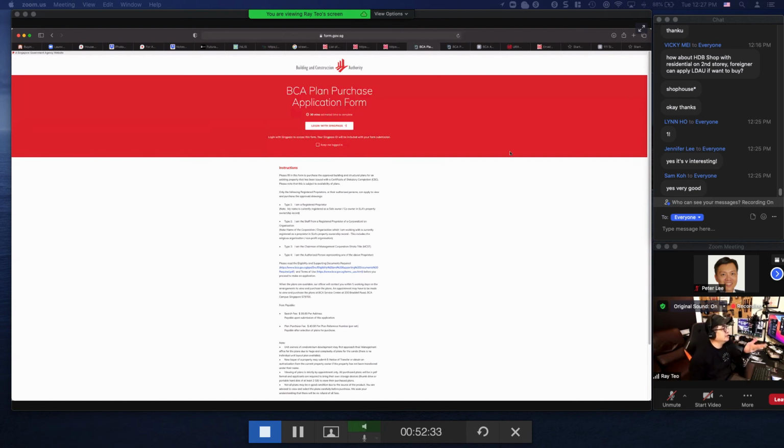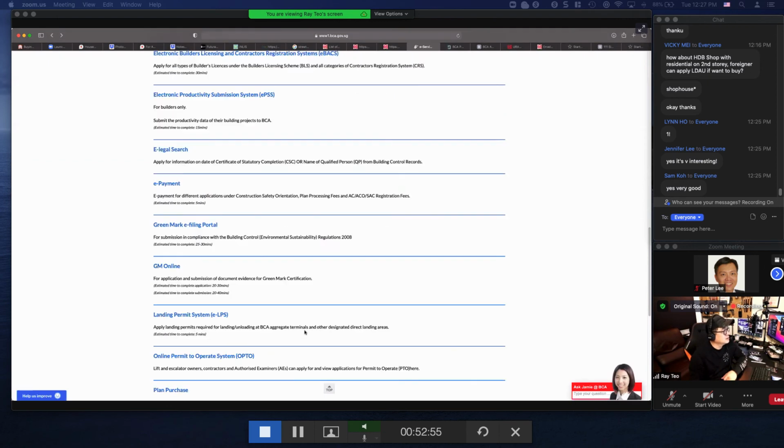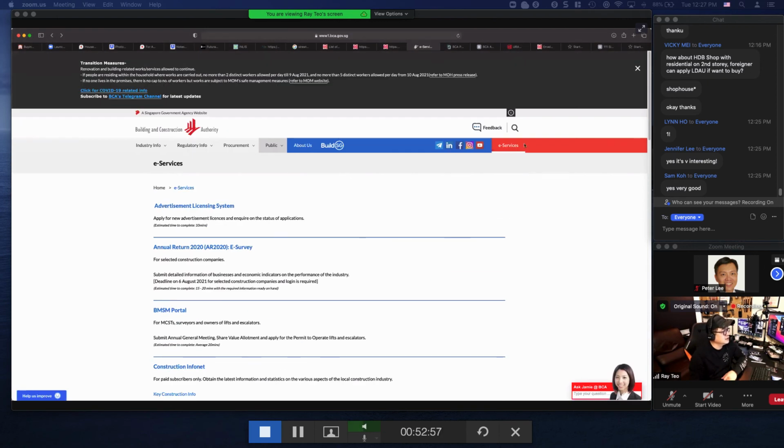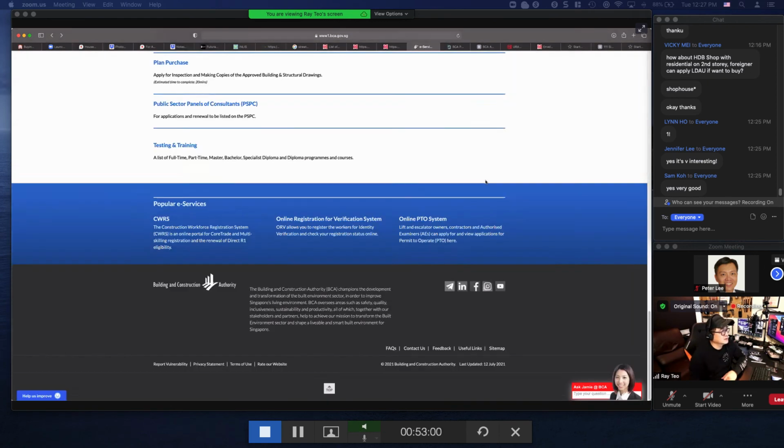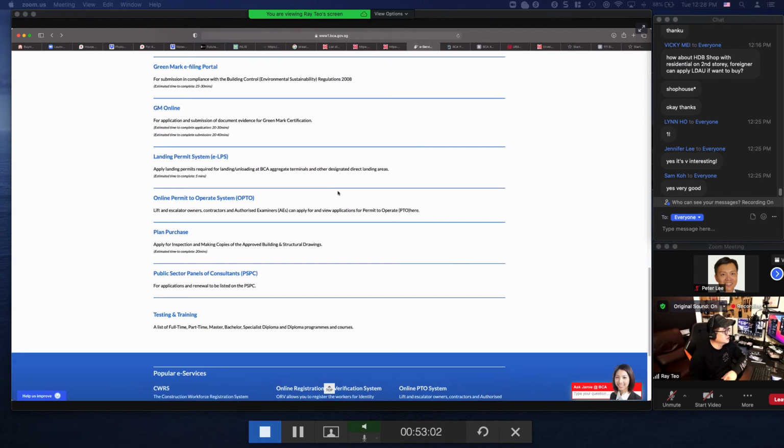If the original floor plan the developer gave to the seller was lost many years ago, and you need a feel of how the building actually looks in 2D, you can go to BCA plan purchase under e-services. This is exactly where you buy it.